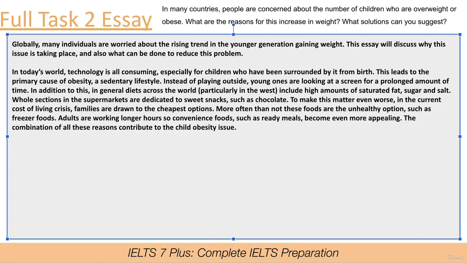Okay, so wow, we've really tackled a lot there. That's brilliant. Let's go into the solutions now, and we're going to do a linking sentence just to connect it all together.